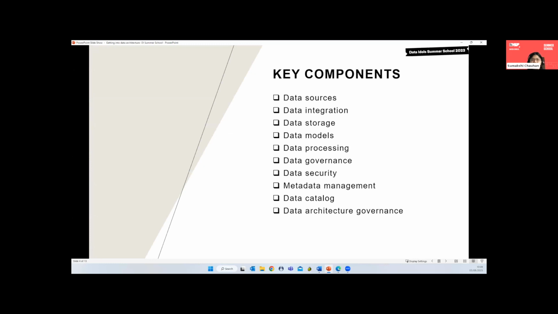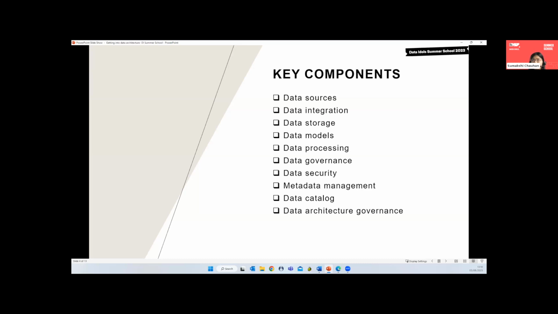Please note that I will be using the words data assets a lot during this session, which simply implies data sources, data integration and workflows, pipelines, data storage processes, data stores, etc. The components ensure that the data is efficiently collected, stored, processed, managed, and well utilized to achieve the business goals.